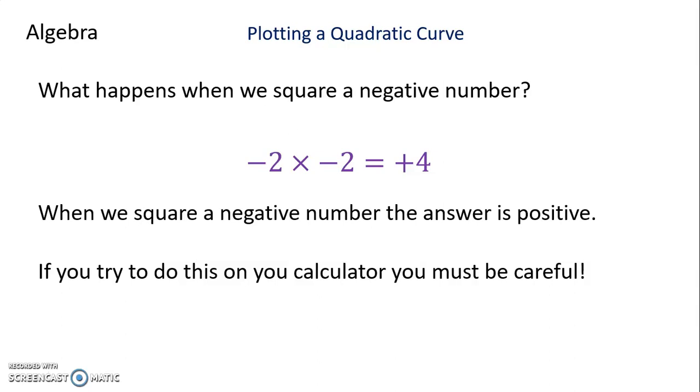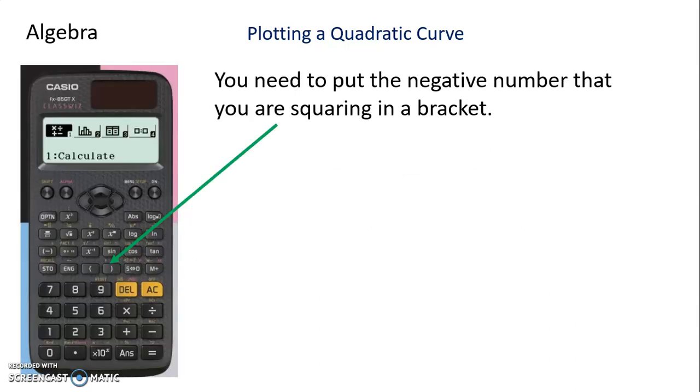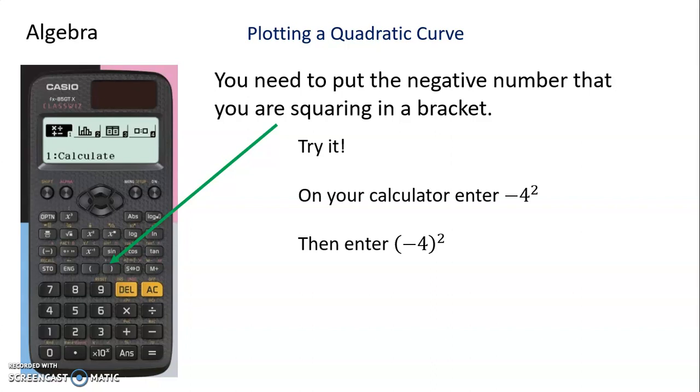So if you are going to use your calculator for squaring negative numbers, you have got to be really, really careful. You're going to need to put the negative number that you're squaring into brackets. If you put in minus 4 squared, as you can see in the first case just over here, your calculator will tell you that this is negative 16.